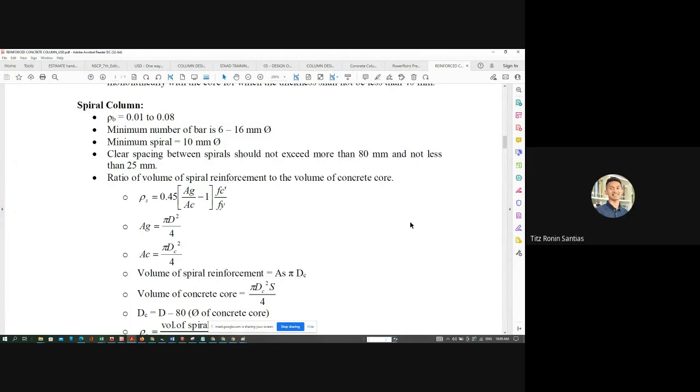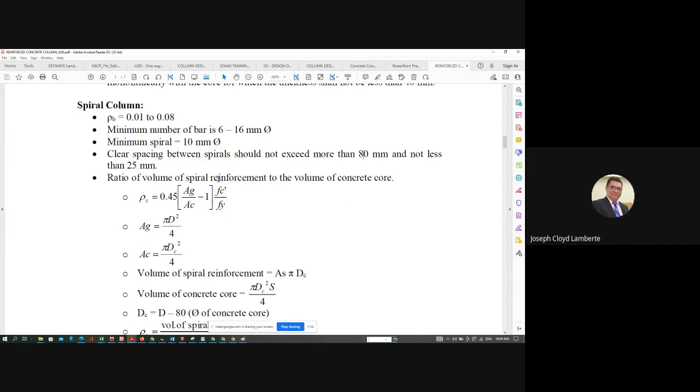We did, sir. In the ICT building, a spiral was used, and the spacing, or the pitch, of the spiral is 200 mm. So that is one violation, and you can see it here in the aspect plan.